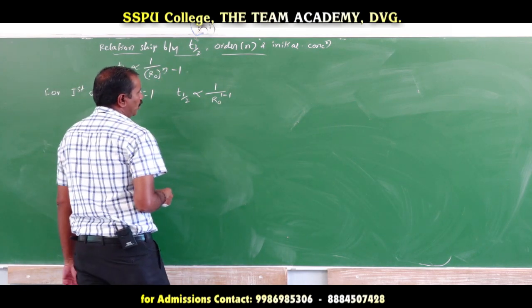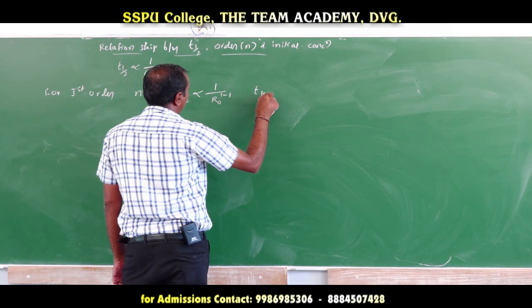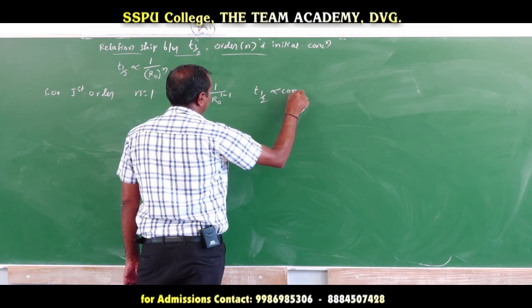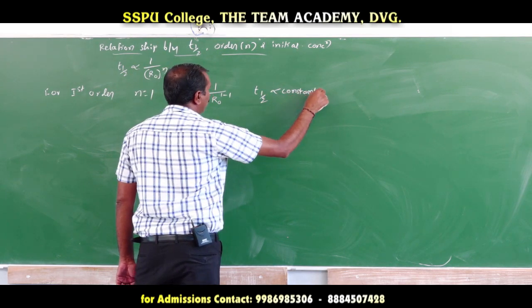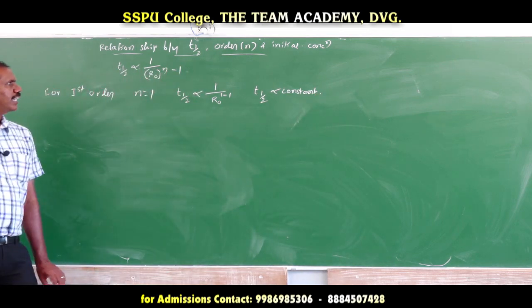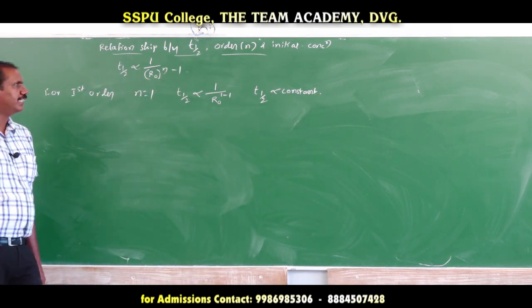R naught to the power 0 means 1. Then T half remains constant. Yes, that we proved: T half remains constant for first order kinetics.